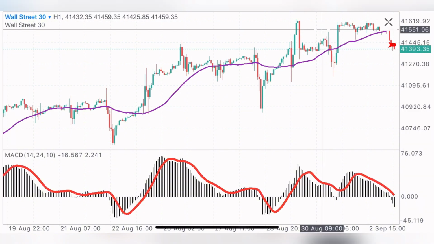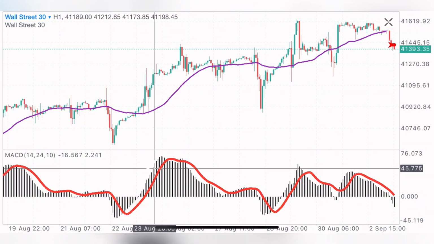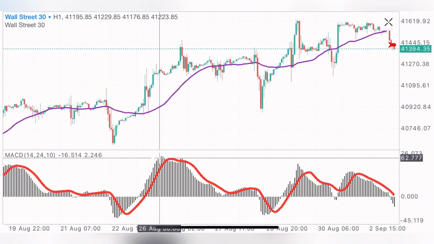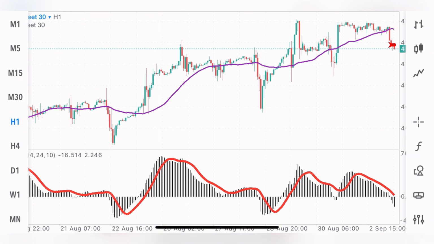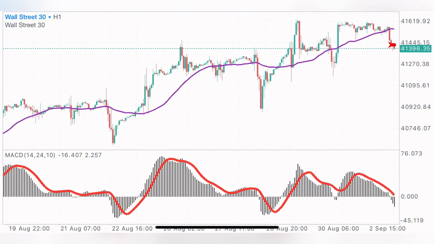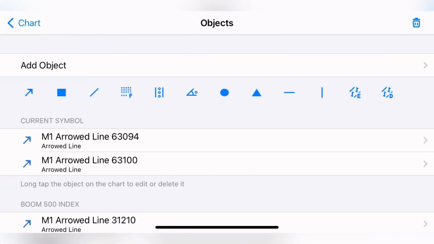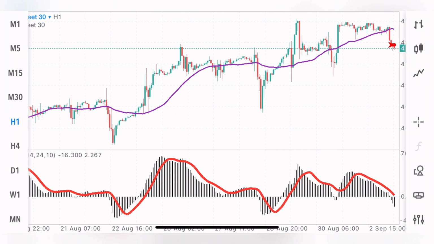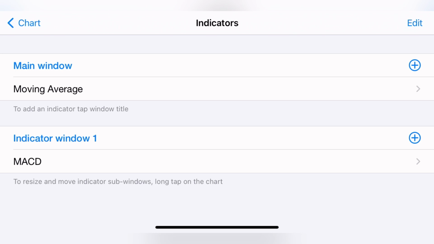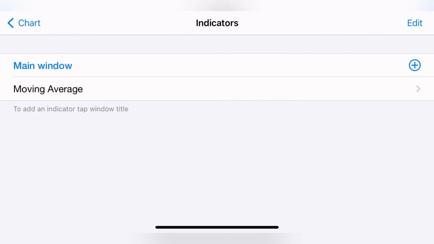So if we take a look at this point right here, the level of 62. But first of all, what we're going to do next is put in the RSI, which is the relative strength index. Put in the relative strength index on indicator window 1. All right, put the RSI first before the MACD.